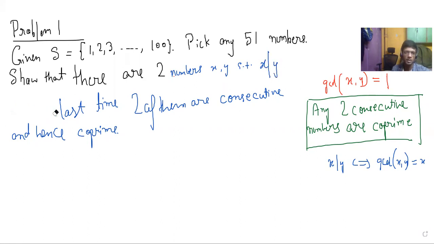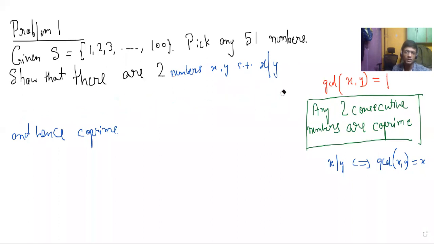I think this is correct. Otherwise, you can give me a counterexample: construct numbers such that no pair divides the other. Is the question clear? You pick 51 numbers, but you will end up picking two numbers such that the smaller one divides the larger one.